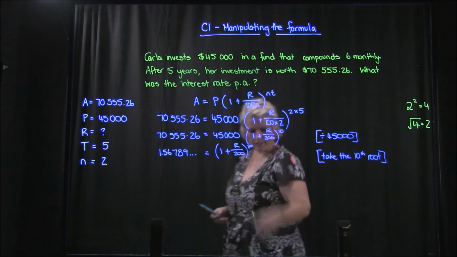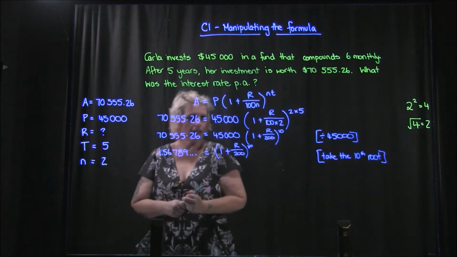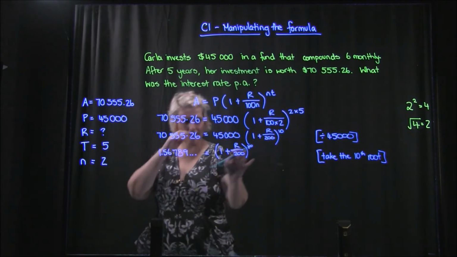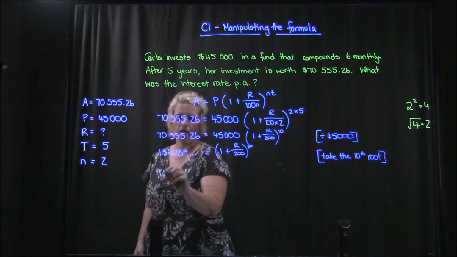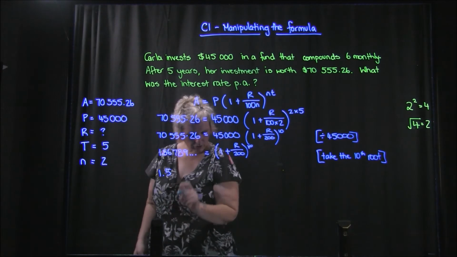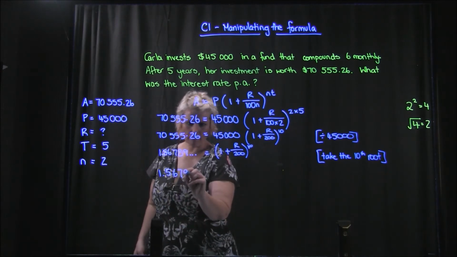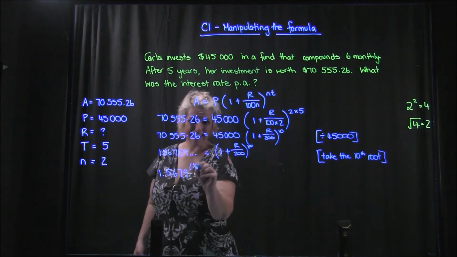So if I take the 10th root on this side, and it's indice laws, because it's an exponent, I have to do it as a fraction. So I'm just going to go 1.5679, just going to round that to a 10th.